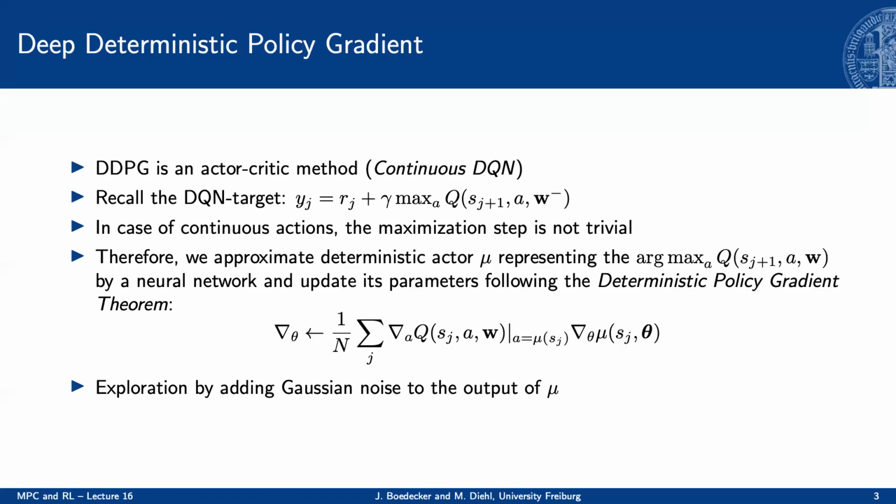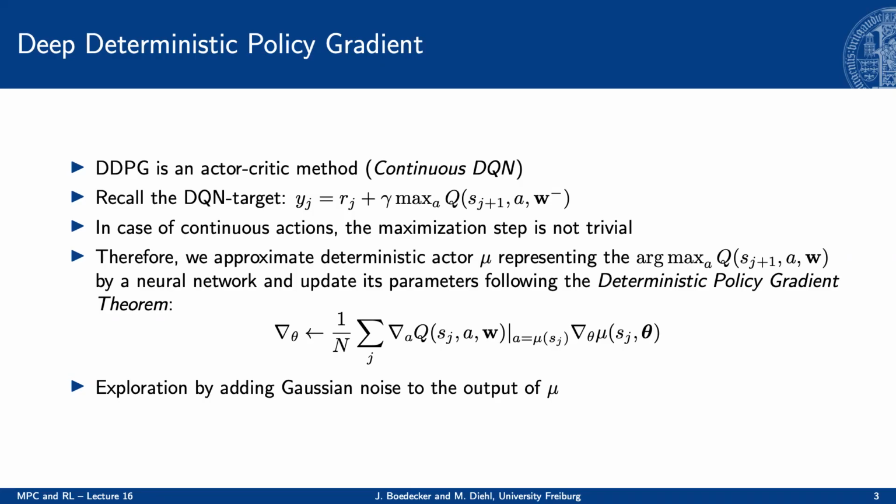Because Q, of course, is the expected long-term reward, given that we execute an action and then follow the policy. And we want to get to higher and higher Q values. So how should we change our actions? That's this part. But we evaluate it at the action A as given by our parameterized actor, so that's this mu part.